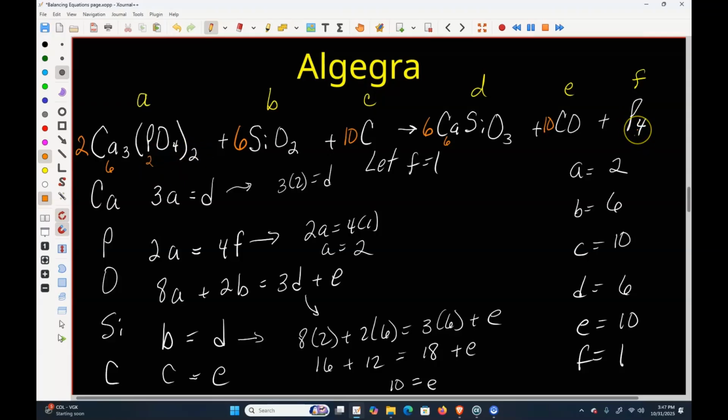I have 4 phosphorus. Oxygens, 2 times 4 is 8. 2 times 8 is 16. I have 12 here. So that's 28. 3 times 6 is 18 plus 10. So that balances. 6 silicons, 10 carbons, and 10 carbons. So everything is balanced.